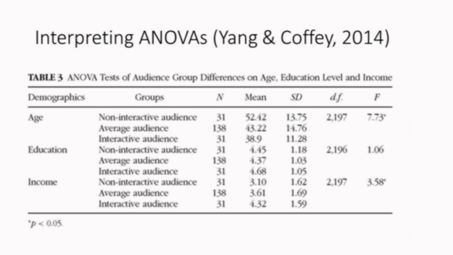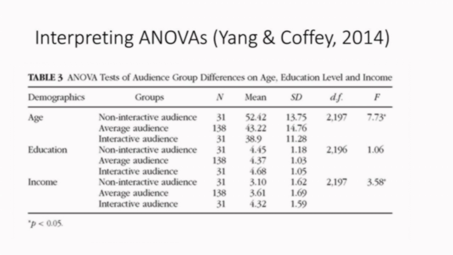It will tell you that there are big differences between each group. That's all you need to worry about here. You can see here age is very different here. We can see here that the age is split up across interactive audiences. So how interactive audiences are appears to be determined in part by age.